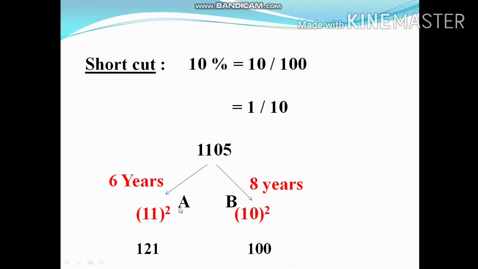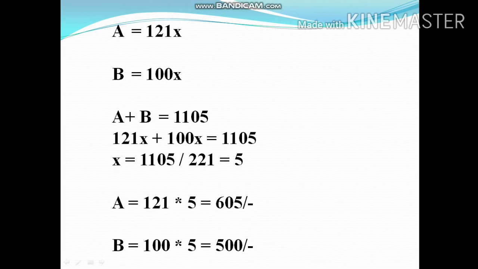So here the principal of A becomes 121 times and B becomes 100 times. So A is equal to 121x, B is equal to 100x. So A plus B is equal to 1105 rupees. It is given in the problem.